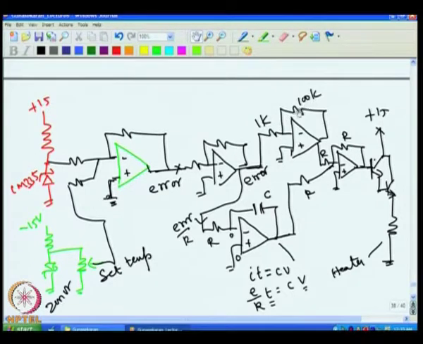This gain must be lower than 100, because that 100 comes from the ratio between the system time constant and the sensor time constant, and if this gain is less than 100, then the system will not oscillate. Normally we keep about 50% margin. So, if we need a gain of 100, we keep a gain of 50 with proportional action, and then the system will not oscillate. Then we add the integral time constant.